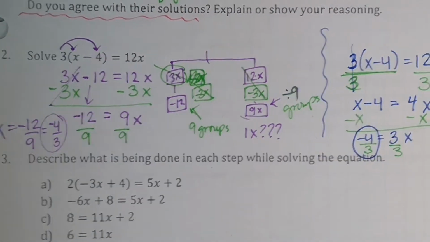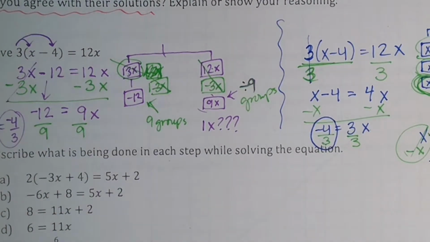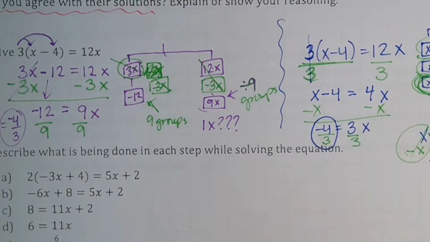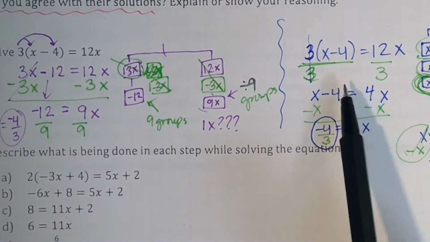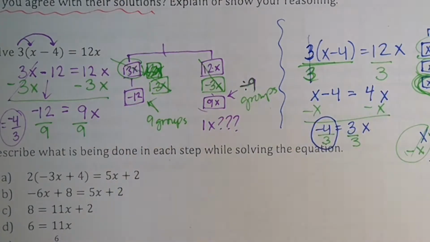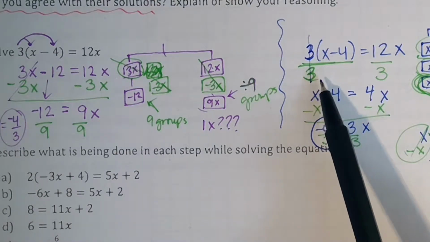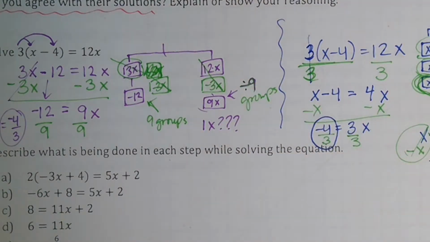Now, you can take a look at the 2 options, see which you prefer at the moment. On the right-hand side, it didn't end up really saving us much work by dividing out that 3. Sometimes it will. And I want you to see that process, because there will be times where that actually saves so much work. In this case, not so much, but I wanted you to be able to see that.